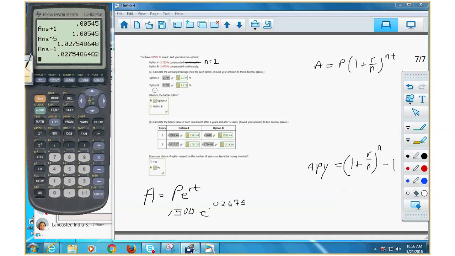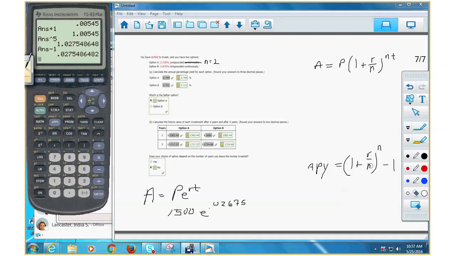Basically, plug and chug. What they're saying is option A and option B continuously. So option B, R would be 0.02675 over N, and N would be what? 2?